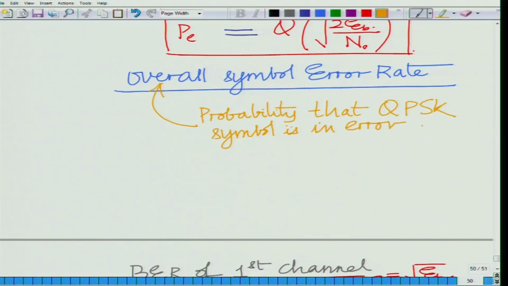Now realize that the overall QPSK symbol has 2 bits, A1 and A2. So the symbol is in error if either of the bits A1, A2 is in error.